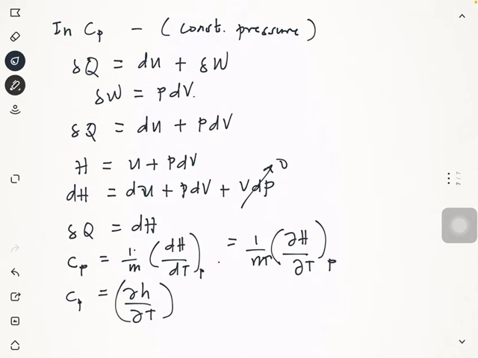Okay, so we have that formula for our specific heat, the specific heat for constant volume and the specific heat for constant pressure.